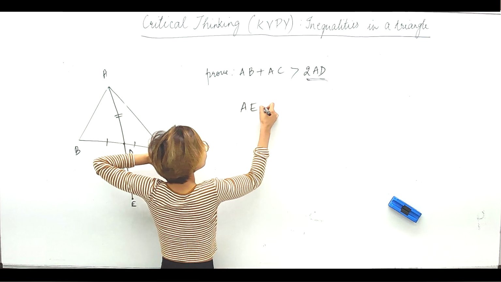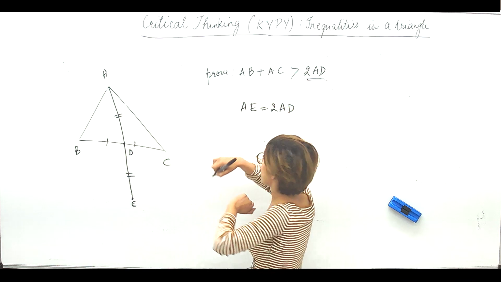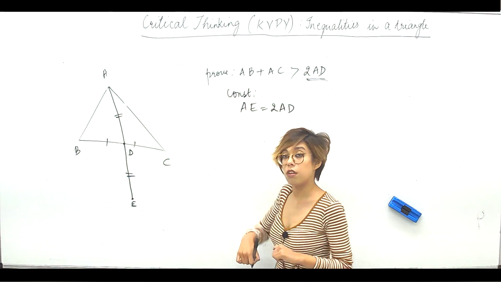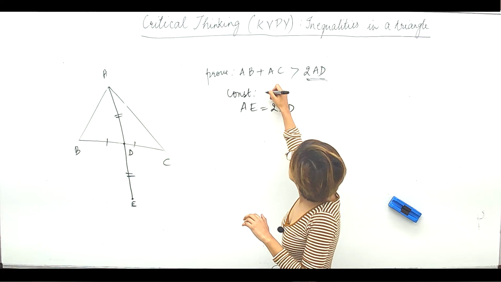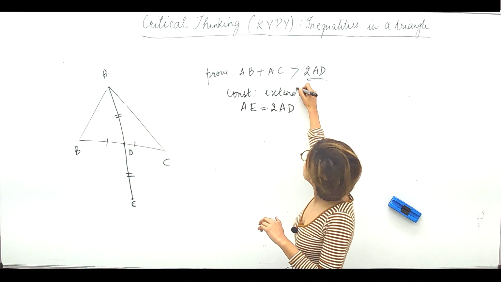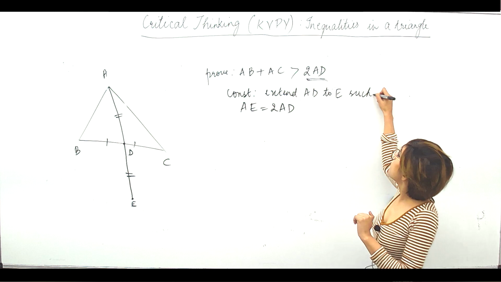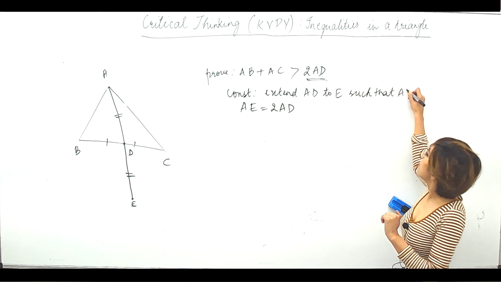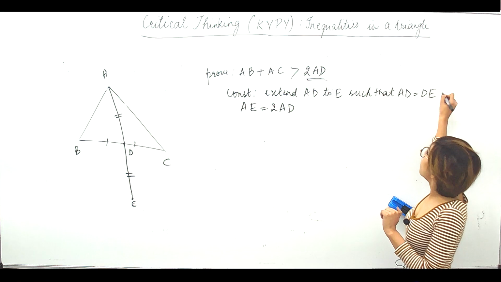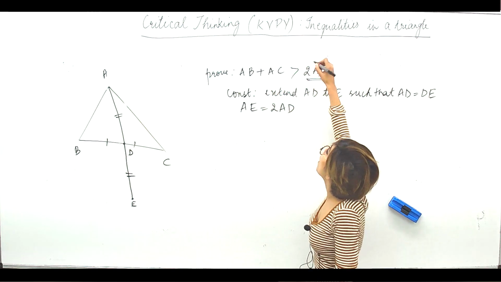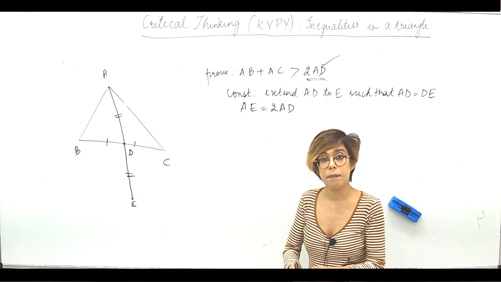A very important step of construction: extend AD to E such that AD is equal to DE, which will make AE twice of AD, and twice of AD I do need.